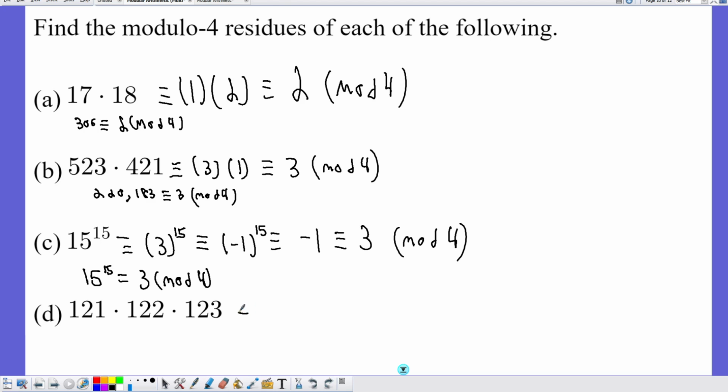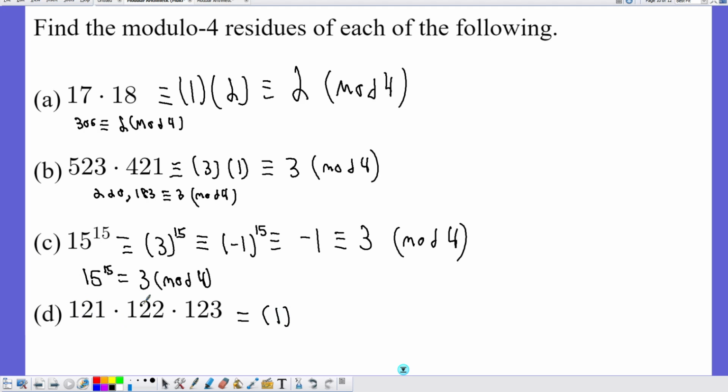And I know that 120 must be divisible by 4. In fact, it's just 4 times 30. Plus 1, of course. So 121 has a remainder of 1 mod 4.